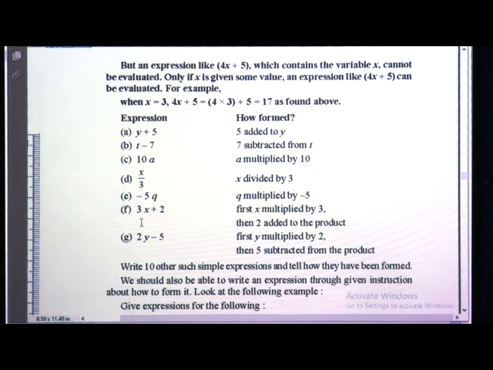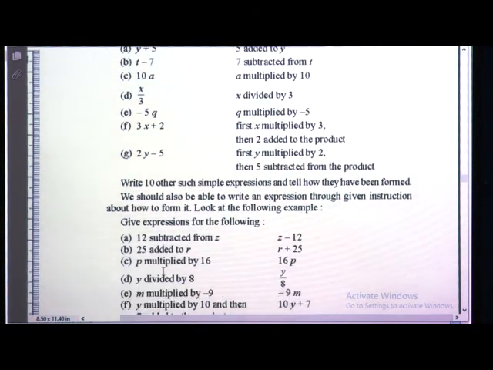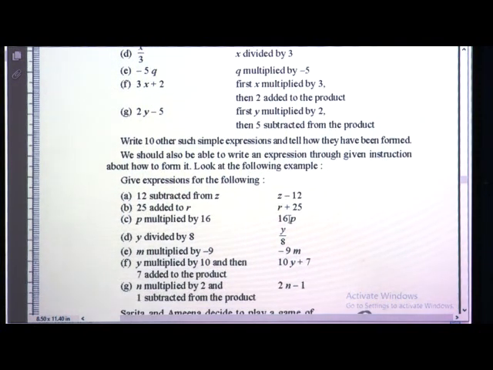Next example, 2y minus 5. First y is multiplied by 2 and then 5 is subtracted from the product. Write 10 such other simple expressions and tell how they have been formed.